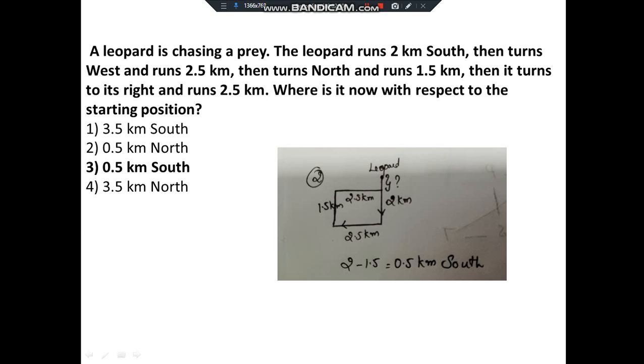Where is it now? With respect to the starting position. See, 2.5 gets cancelled, and from 2 minus 1.5, which is 0.5 kilometer, it has moved with respect to the starting position. On which direction? Towards south direction, that is downwards. So 0.5 kilometers south is the right answer.